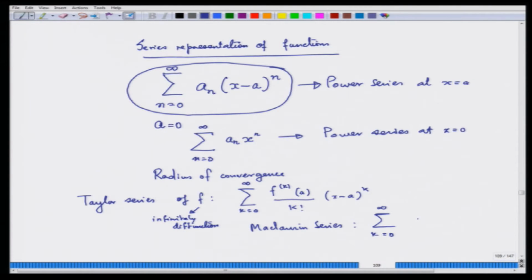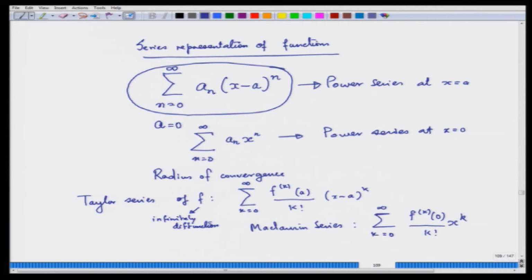Here a is 0, so it is just x to the power k. Sometimes it is easy to represent functions in the form of a Maclaurin series.